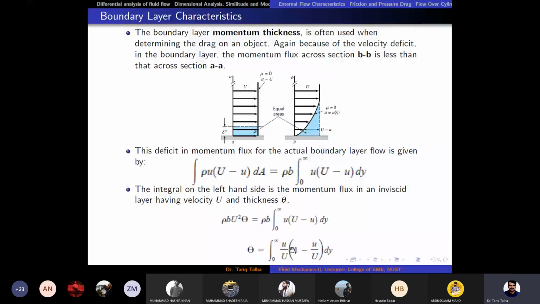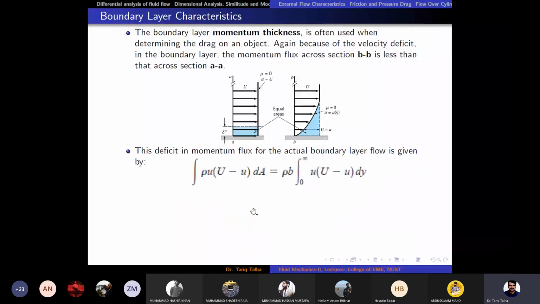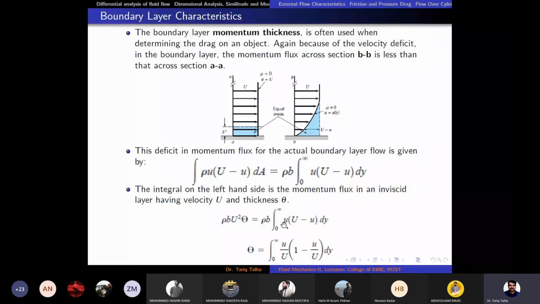From the last derivation, the only difference is that we have multiplied it with u. So the same thing here, u square, and on the right hand side we have multiplied with the u velocity, which is the actual velocity depending upon y. So we can get the value of the boundary layer momentum thickness.